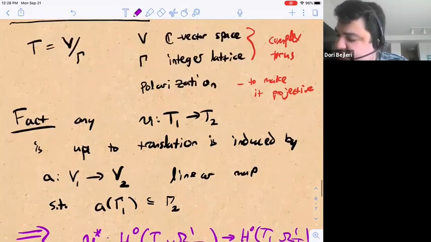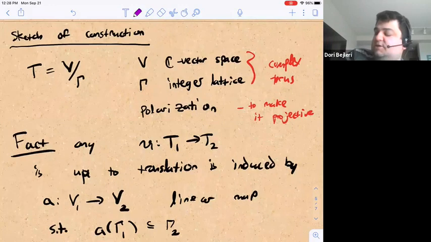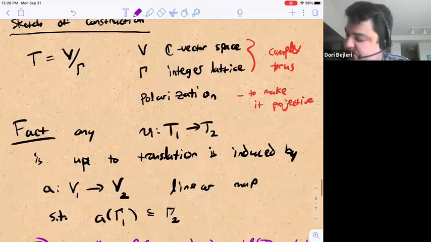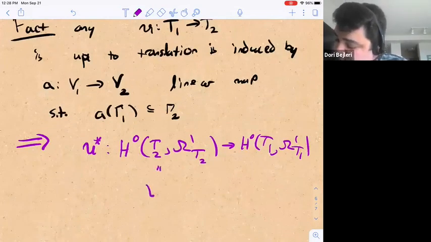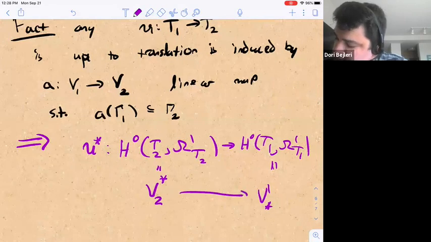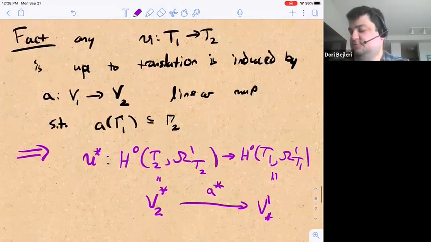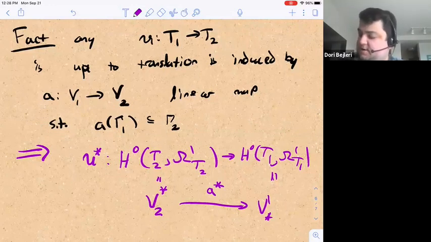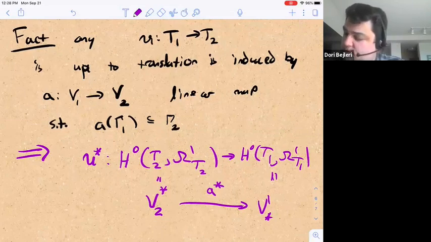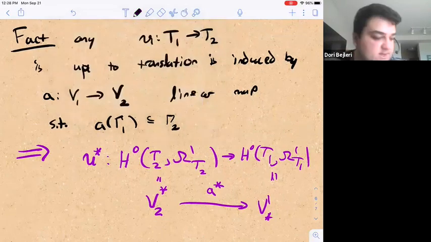Well, if we look at this quotient presentation, tangent vectors are the same as this vector space V, and so differentials are its dual. So this is V2 dual, this is V1 dual, and this fact tells us that the map here is pulled back by this linear map A. And so basically, up to translation, we can describe maps between abelian varieties as linear maps, and we can understand the pullback on differentials is just the dual linear map. So that's some other key input.